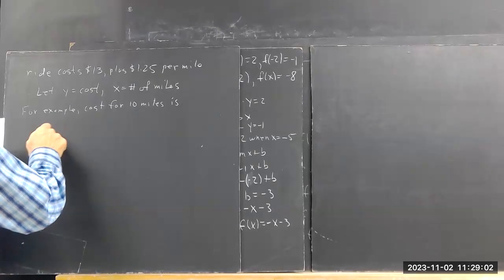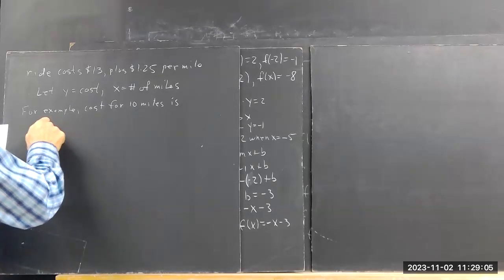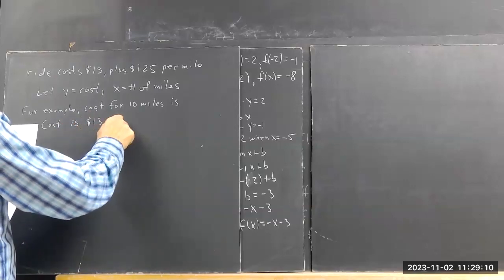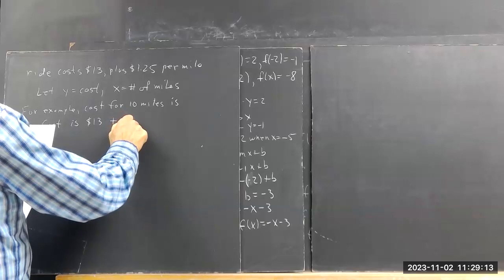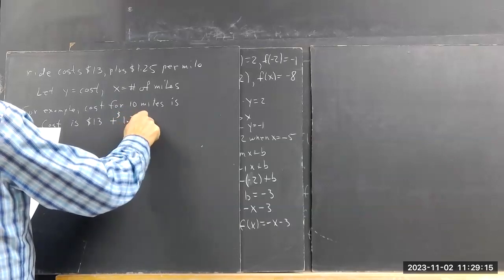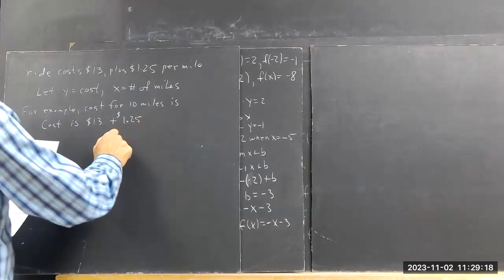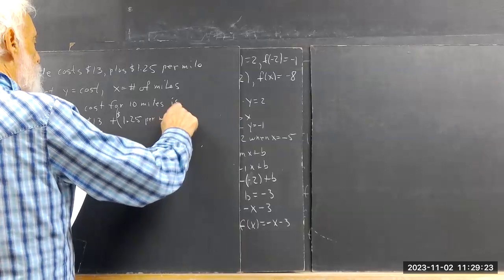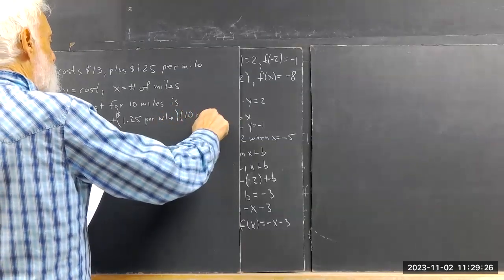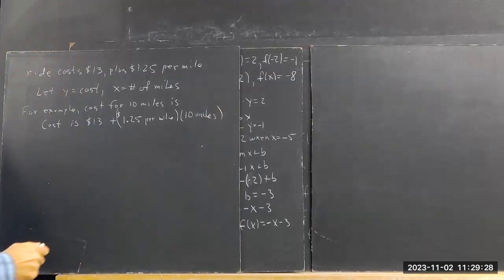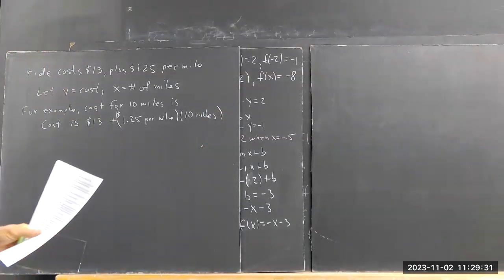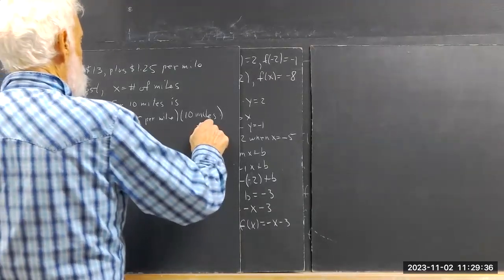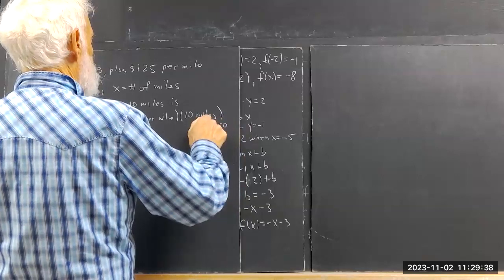Well, cost is $13 plus $1.25 per mile, multiplied by 10 miles. That's how the calculation is done. And of course, you get an answer there. That's going to equal $25.50.